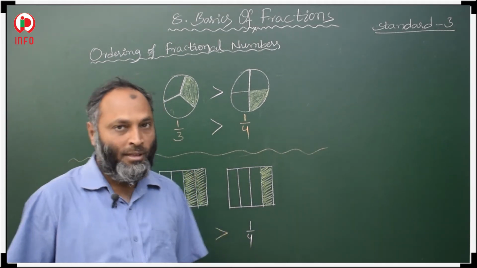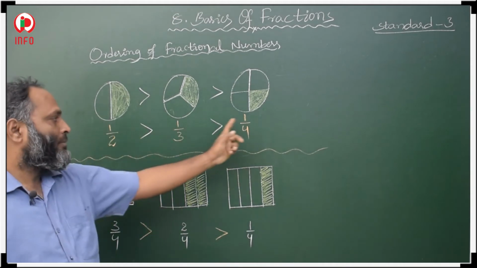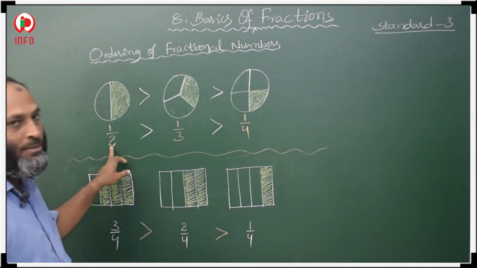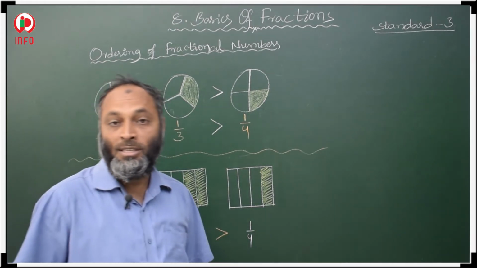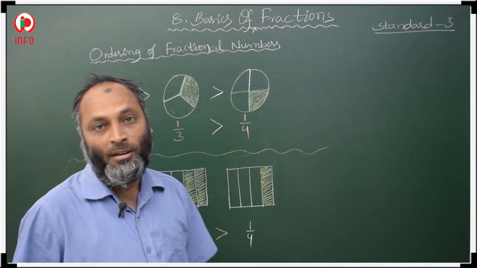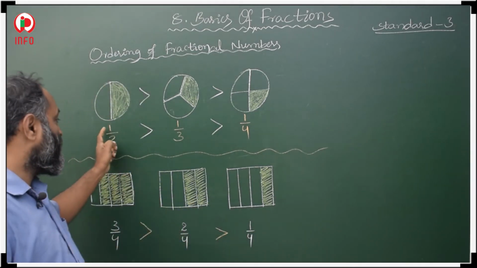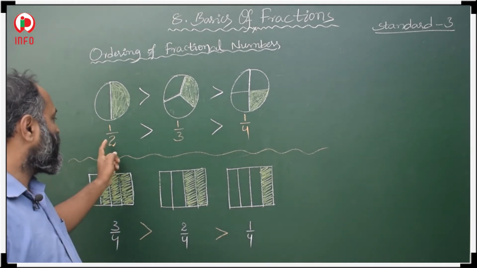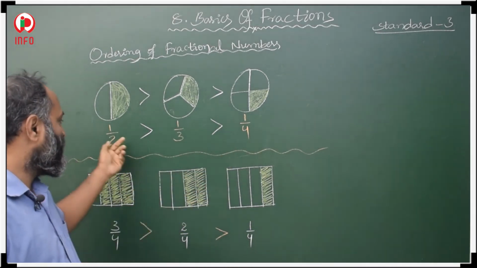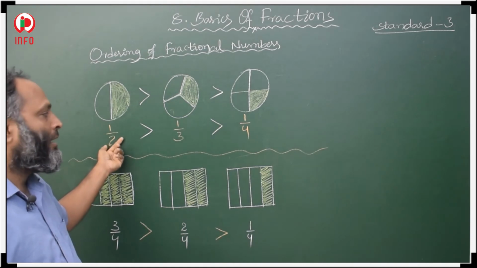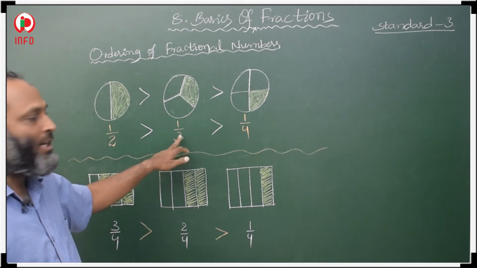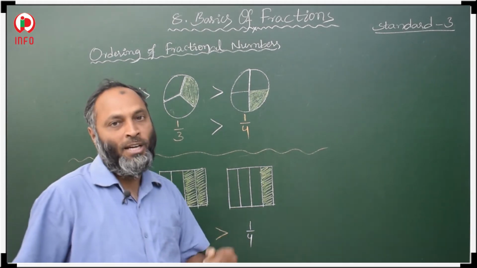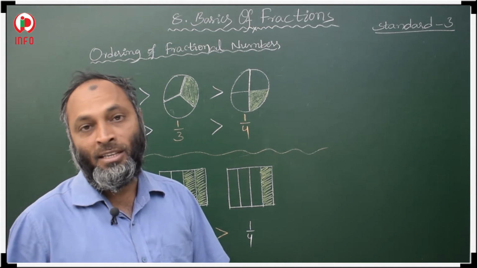Remember one thing, when numerators are the same, then in the denominator, the smaller one gives the bigger fraction. Here in 2, 3, 4, 2 is the smallest, so this one is the biggest, and then 3 and then 4. In that way we can decide which fraction is bigger and which is smaller.